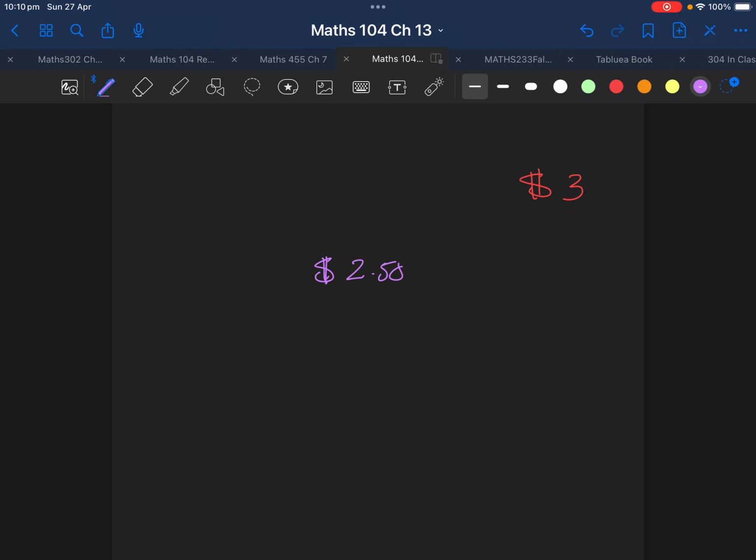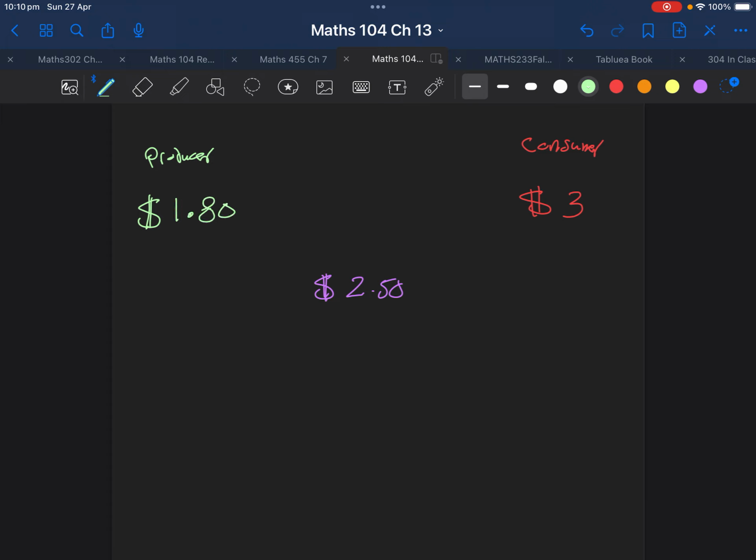However, the supermarket knows that, of course, this is the consumer. The supermarket, which is the seller, or sometimes we call it the producer, already has this chocolate bar costing them 1.8.